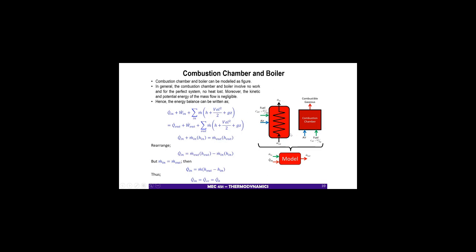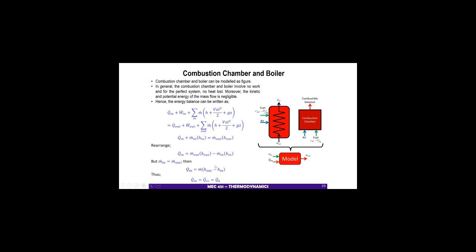So your Q heat in is equal to the combustion chamber and the combustion in a boiler. So this is the total heat being produced. Therefore your Q in is your mass flow rate of water times outlet enthalpy minus inlet enthalpy.